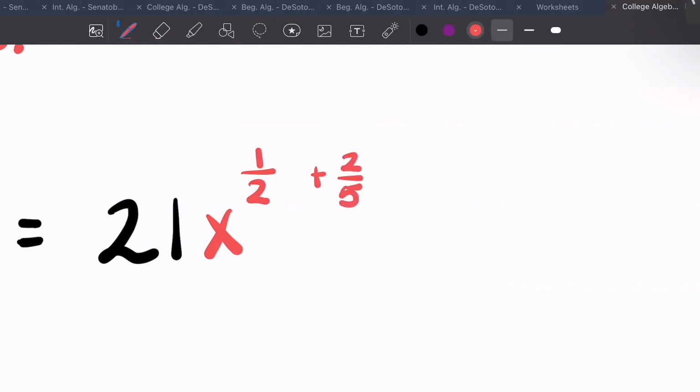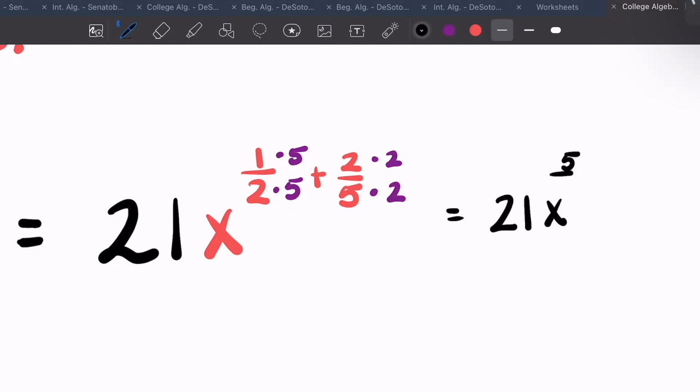So we need a common denominator, right? Because we can't add these 2 fractions without having a common denominator. All right, so our common denominator would be 10. So we need to multiply this by 5 to get 10, and we need to do it to the top and to the bottom. We need to multiply this by 2 to get 10, and we're going to do it to both of them. So we get 21x to the 5/10 plus 4/10.